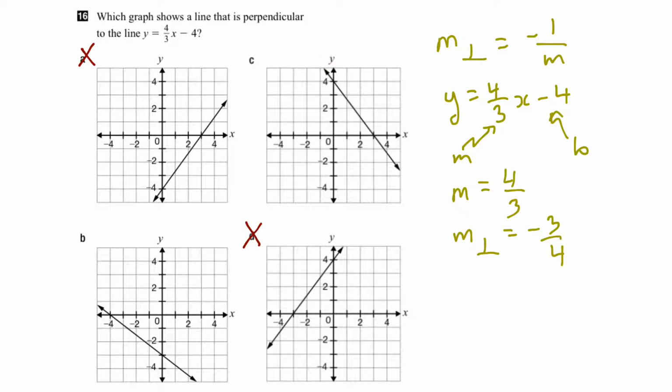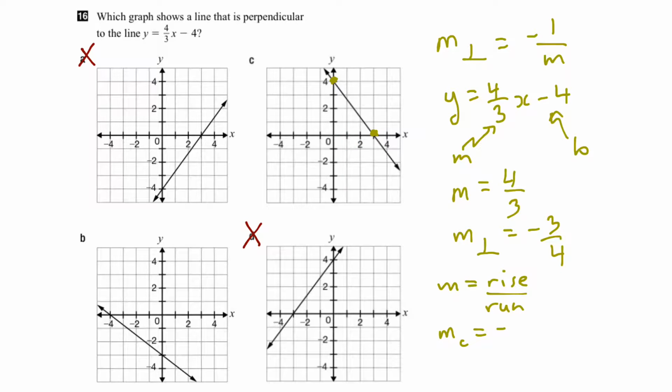So let's look at line C and line B, find their slopes, and see if they equal negative 3/4. So we know that slope is also equal to the rise over the run. If you look at the slope of line C, we can see that if we went from, say, this point here to this point here, we would have a rise of down 1, 2, 3, 4, and a run of positive 1, 2, 3.